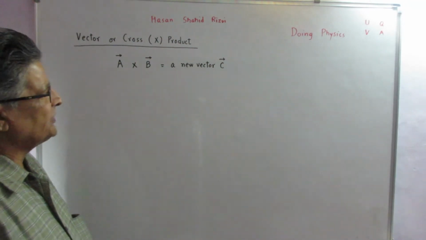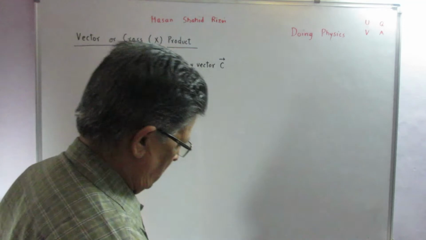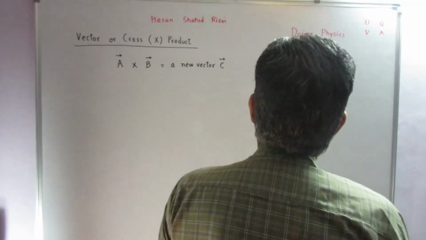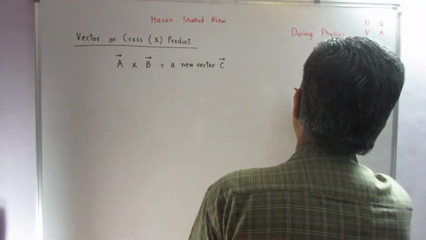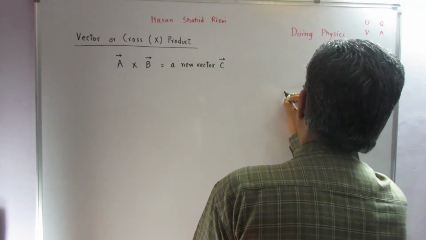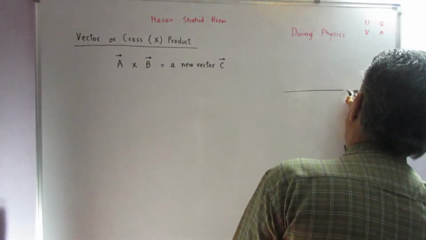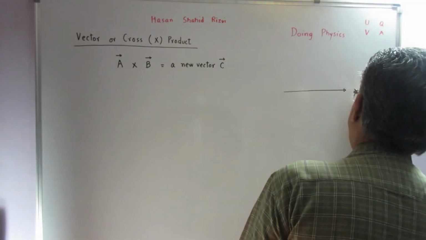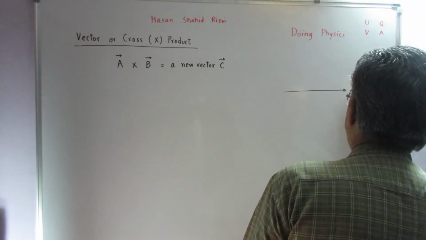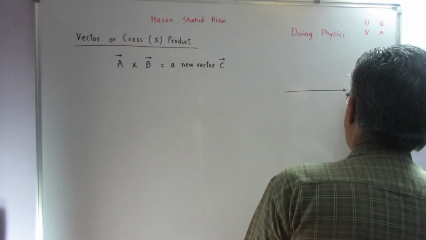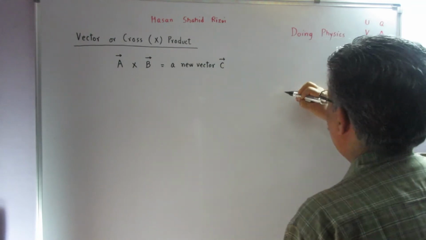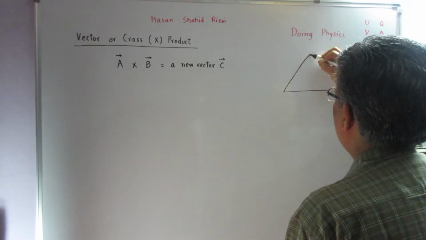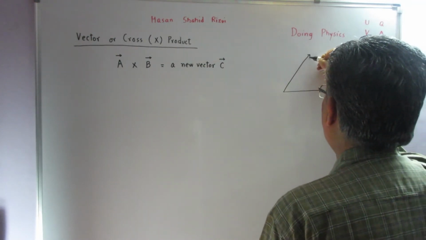But a cross b is equal to a new vector c, and let me show it to you with the help of a diagram over here. This is my vector a, and in the same plane I have a vector b here.